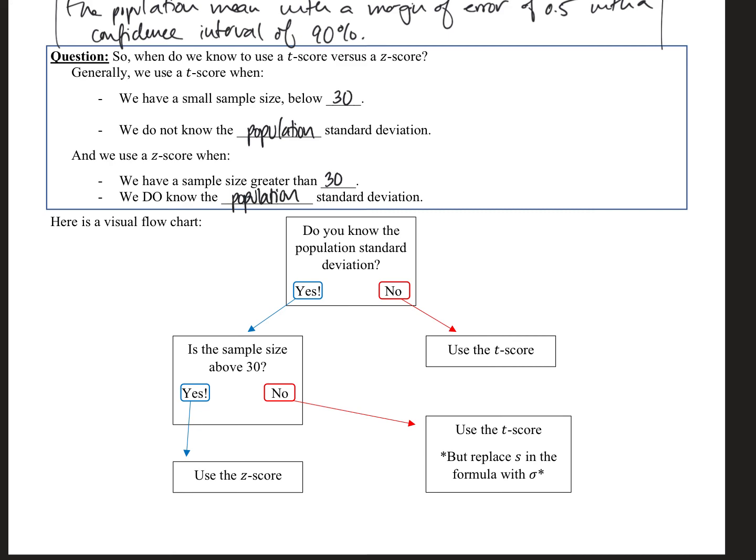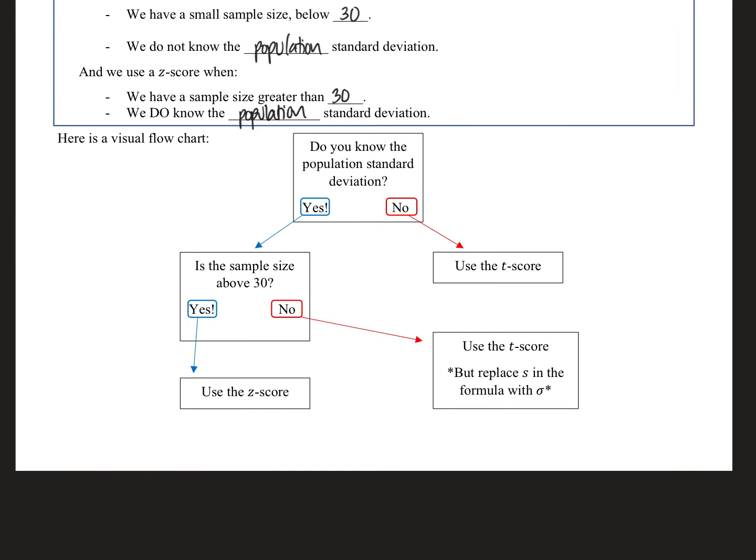So here's a nice little visual flowchart that I've seen before. So the question is, do you know the population standard deviation? If the answer is yes, you would go ahead and look at this box. Then you're asked if the sample size is above 30. If it is above 30, you'll go ahead and use the z-score. However, let's say you do know the population standard deviation, but your sample size is not above 30.